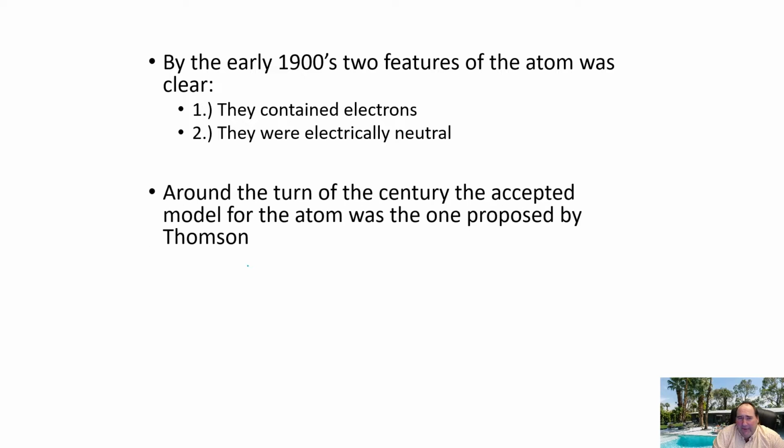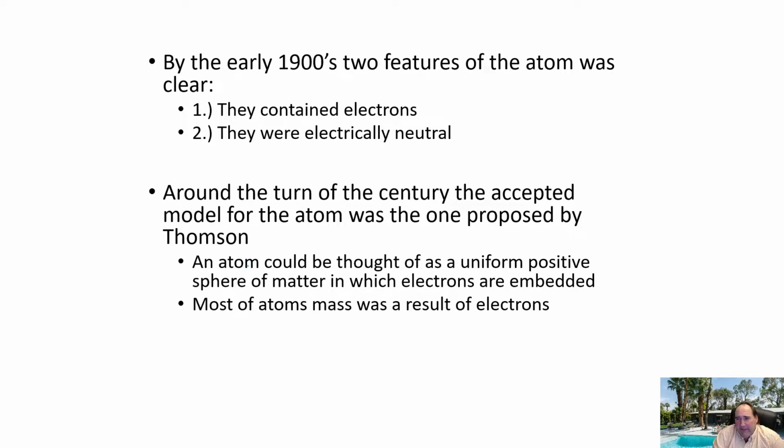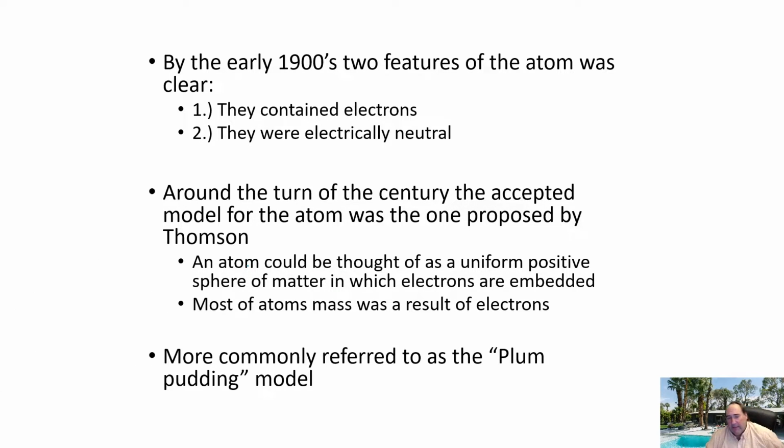Going into these next experiments, there were several things thought about the atom in the early 1900s that were clear. It obviously contained electrons, through the discovery of the cathode ray tube and Millikan's experiment. The other part was that it was believed that the atom was electrically neutral.